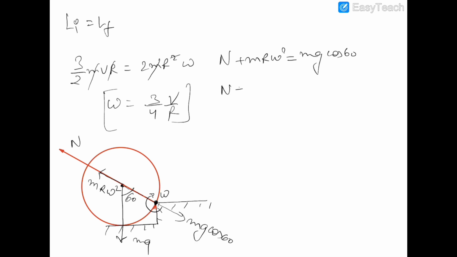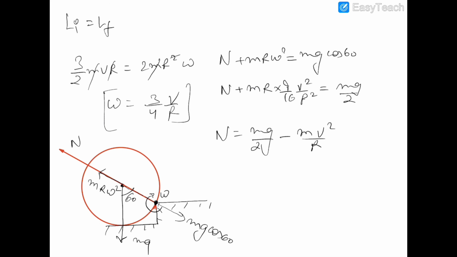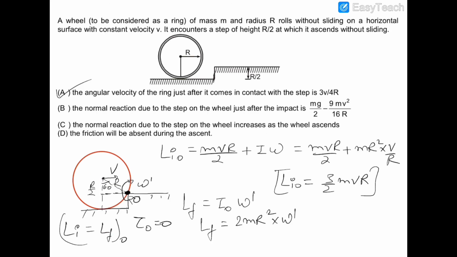So N plus m r omega square is 9 by 16 m v square by r, and mg cos 60 is mg by 2. So N is equal to mg by 2 minus m v square by r into 9 by 16. So option number B is also correct.